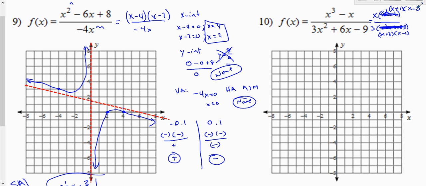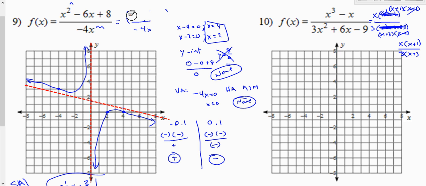So now what I need to see is I have x minus 1 in the numerator and the denominator. So that's going to cancel out because it's a common factor. So ultimately, I have x times x plus 1 over 3 times x plus 3. X minus 1 cancels.